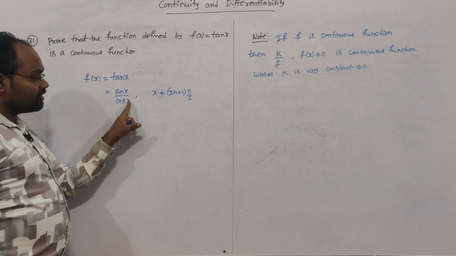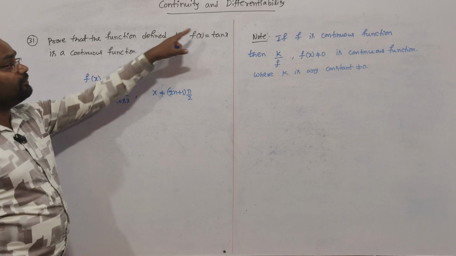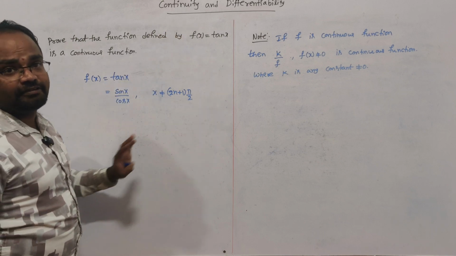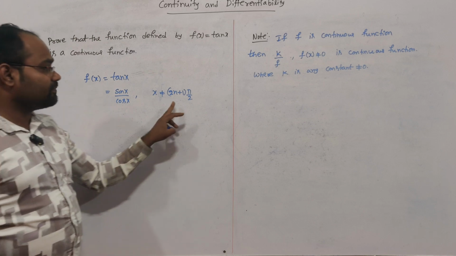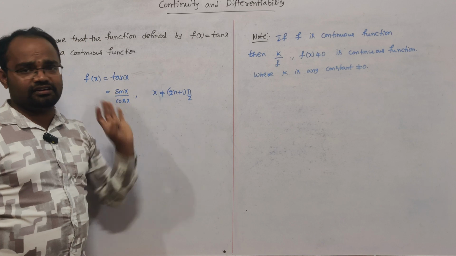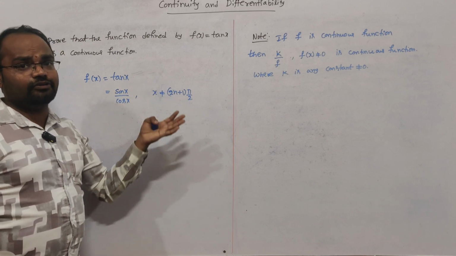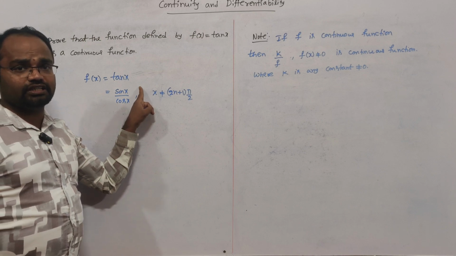The denominator becomes 0 only at odd multiples of pi by 2. We have left all of them out of the domain of the tan function. So they are not in the domain at all. For all the other values, cos is continuous and sin is continuous.